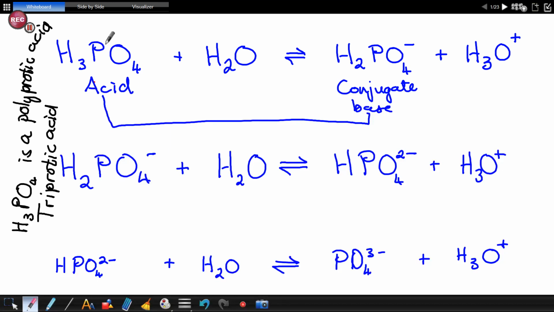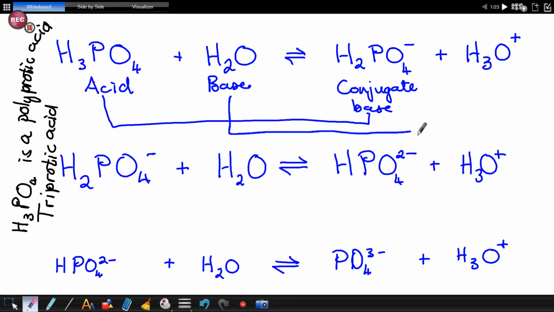Also, ma'am, phosphoric acid, let me finish. Phosphoric acid is the acid in the forward reaction. It makes the hydrogen phosphate ion, H2PO4 negative. So in the reverse reaction, this is the base. The water is the proton acceptor, so it is the base in the forward reaction.